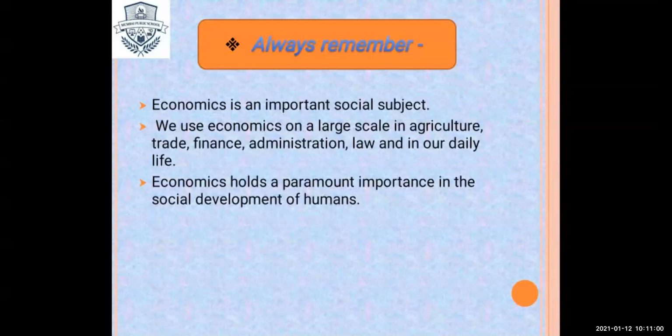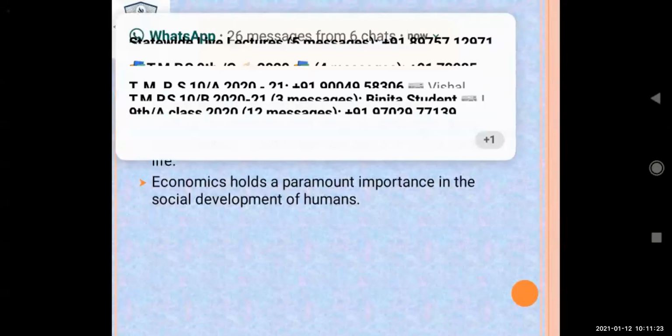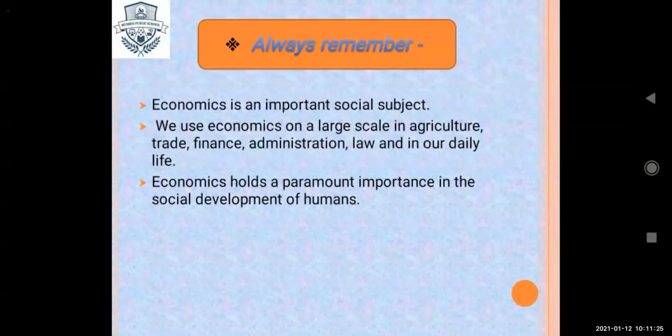Economics holds a paramount importance in the social development of humans also. In almost all fields the term economics is being used, and prime importance is given to this subject, economics.